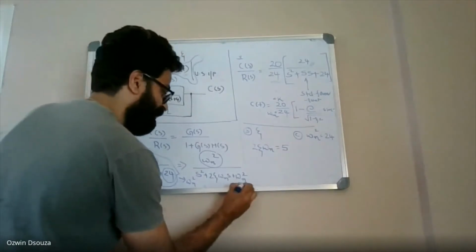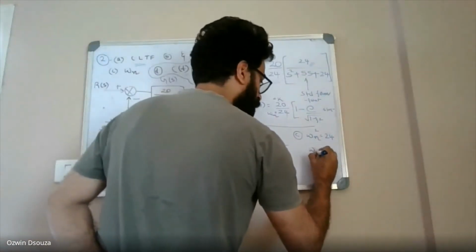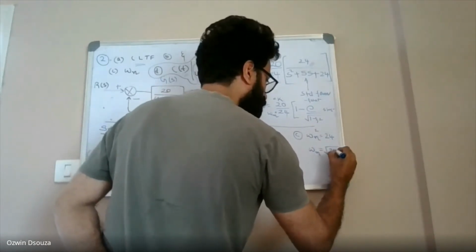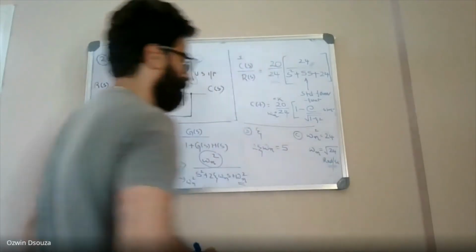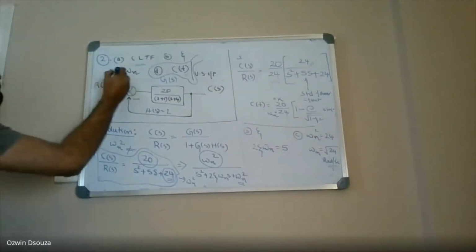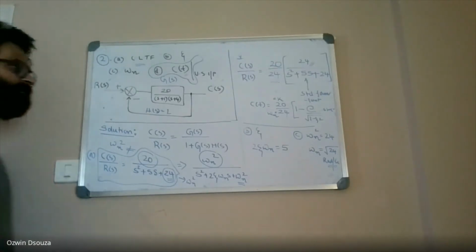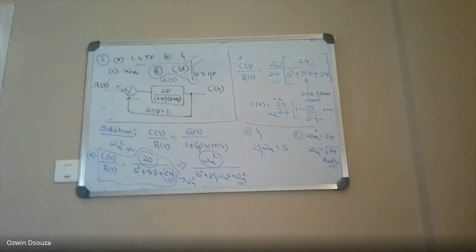You can see omega n square is equal to 24, or omega n is equal to under root 24 radian per second. So omega n has also been found, right? So it is under root 24 radian per second.